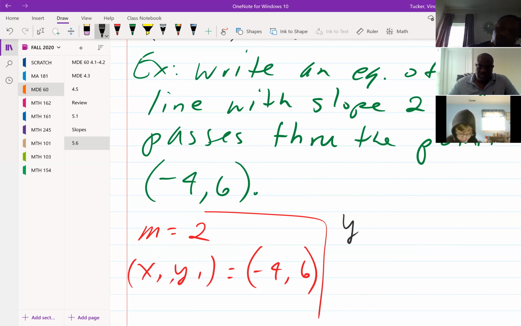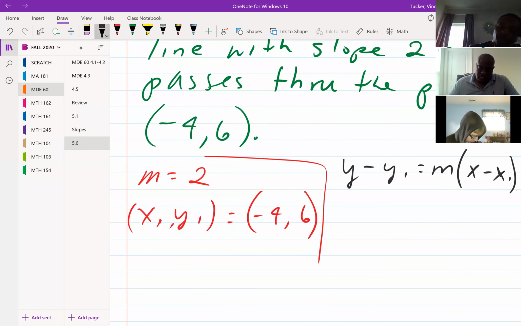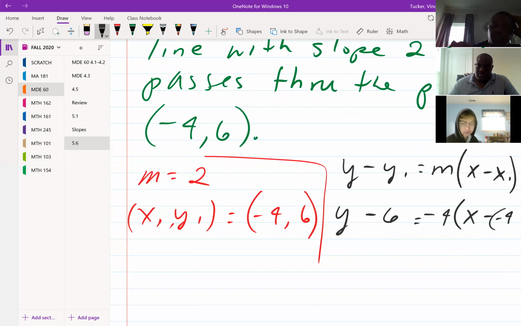So rewriting the formula, y minus y1 equal to m times x minus x1. So that's y minus 6 equals... oh, that negative 4 is not supposed to be here.